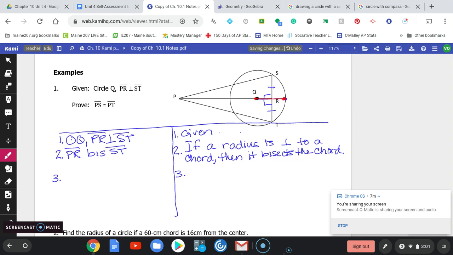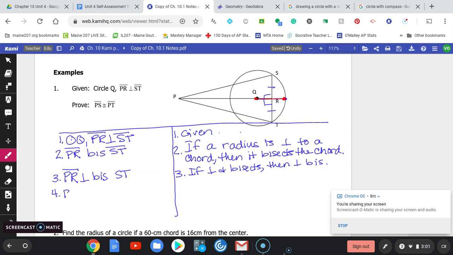And that means that PR is a perpendicular bisector of ST because I have it perpendicular and it bisects. So if perpendicular and bisects, then it's a perpendicular bisector.